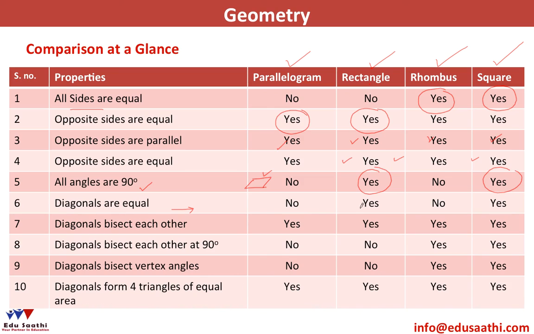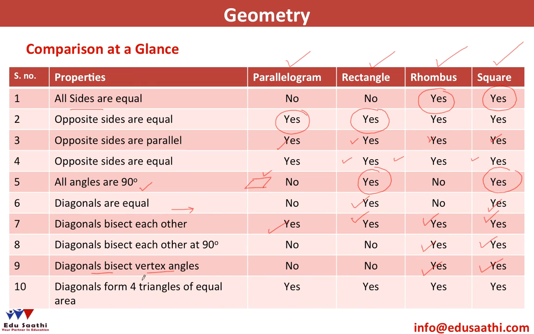Diagonals are equal in case of again rectangle and square, and they are not equal in the others, but they bisect each other in all the 4 cases. In case of rhombus and square, they bisect each other at 90 degrees. Not in the case of parallelogram and rectangle. The diagonals bisect the vertex angles again in case of rhombus and square only.